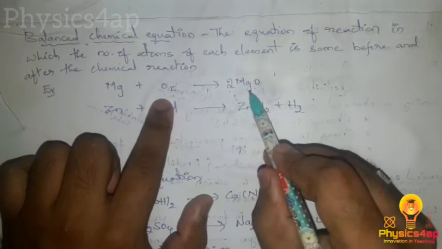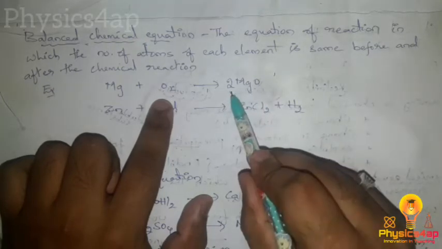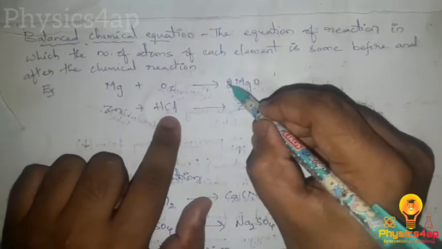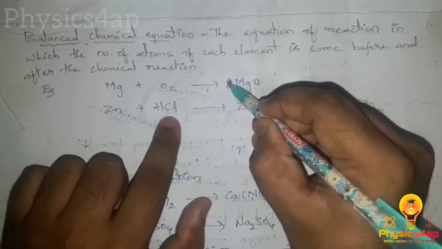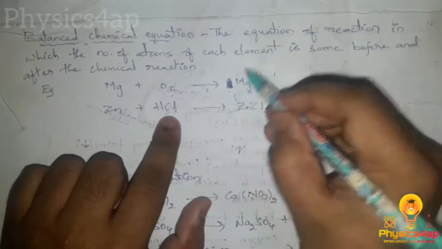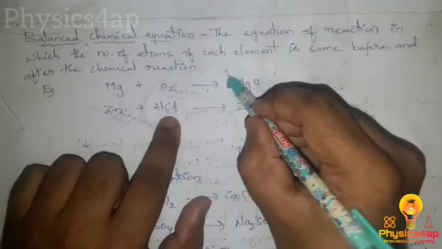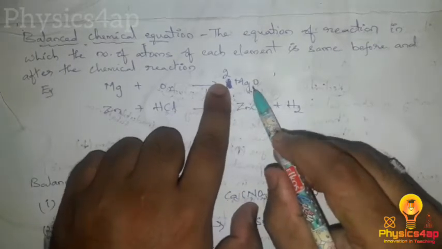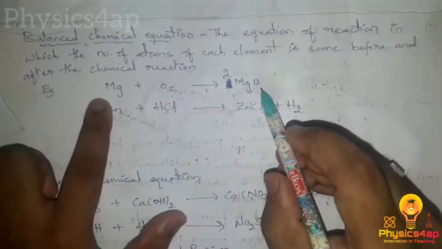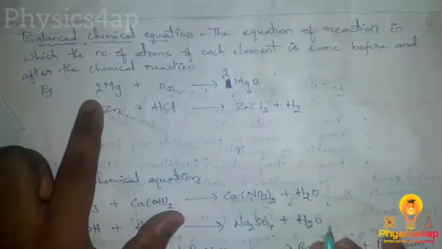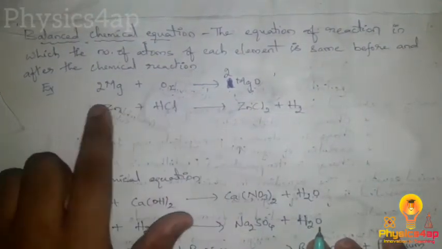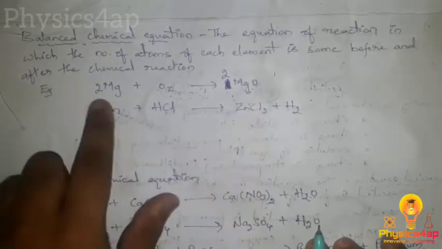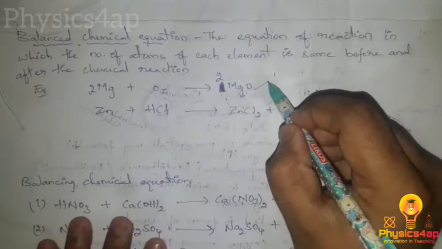But now the magnesium has changed: we have 1 on the left, and here we have 2 magnesiums. To balance that also, we keep 2 magnesiums, that is 2 MgO here. Overall, when we write it, 2 Mg plus O2 gives rise to 2 MgO. Now this is the balanced chemical equation.